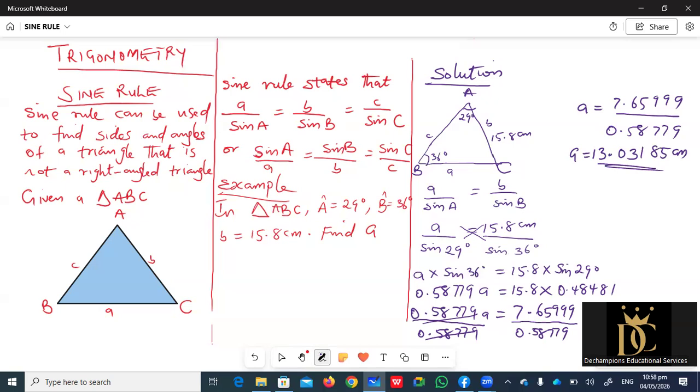To three significant figures, because most questions will ask you to give your answer in three significant figures, a will be equal to 13.0 centimeters. And that gives you your answer. Thank you for listening.